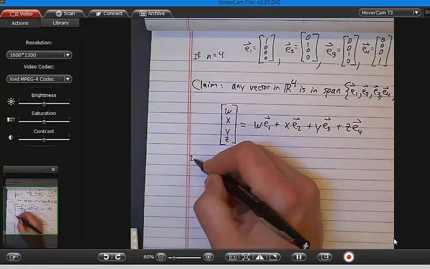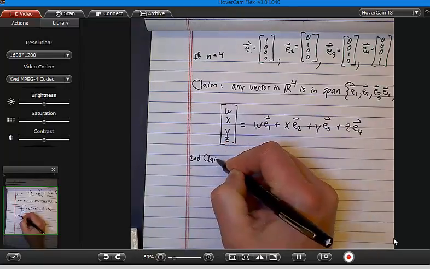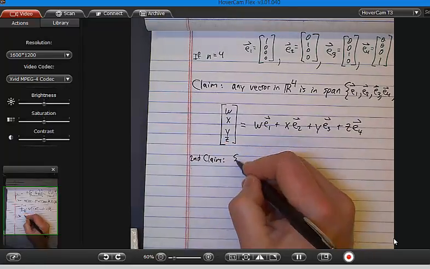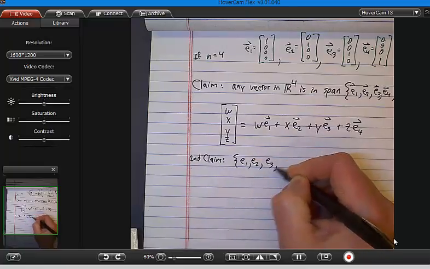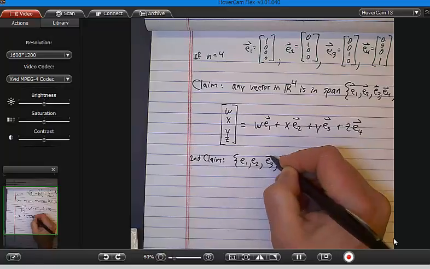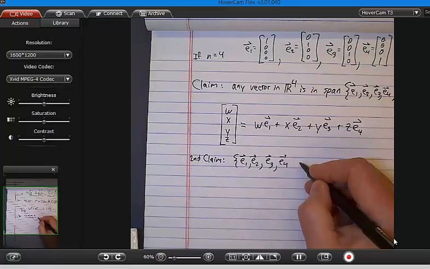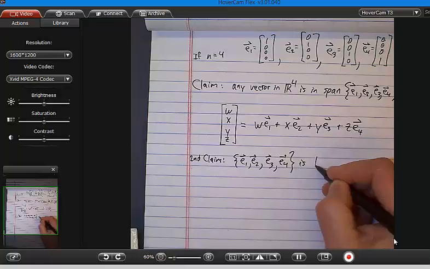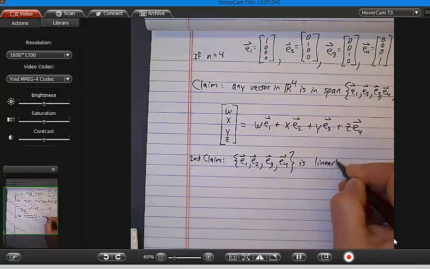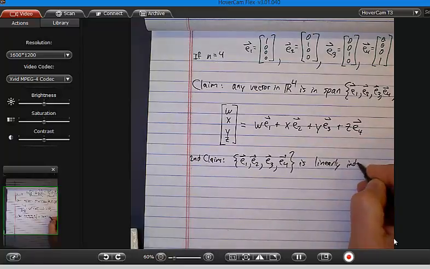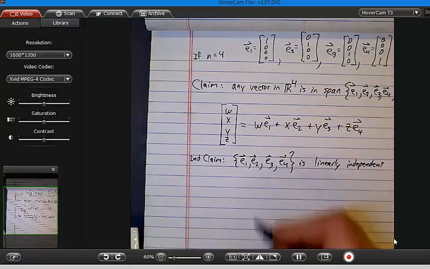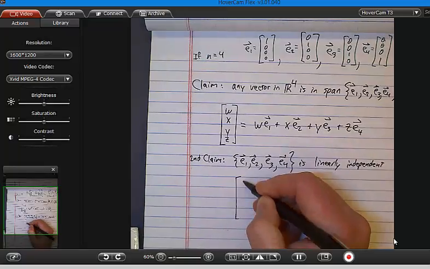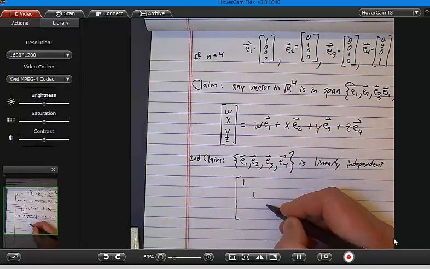Second claim is that E1, E2, E3, E4, this set, even though there's four vectors, I claim that it is linearly independent. Now, how do I see that? Here's my proof. Let me put these into an augmented matrix.